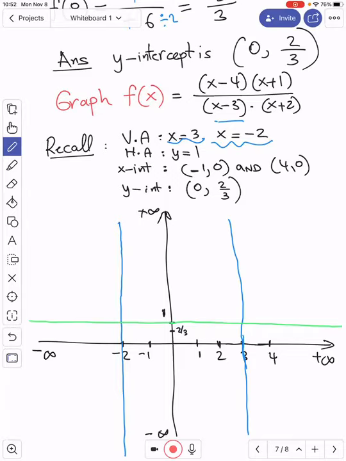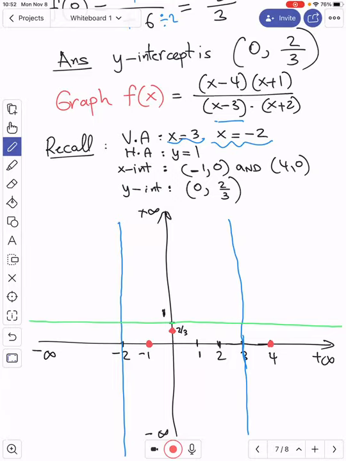And then there are the x-intercepts. We have (-1, 0) and (4, 0). And then there is (0, 2/3). So this is the y-intercept. All right, so let's graph this function f.